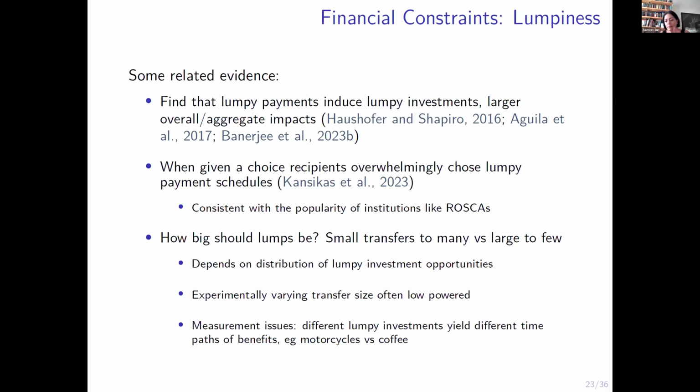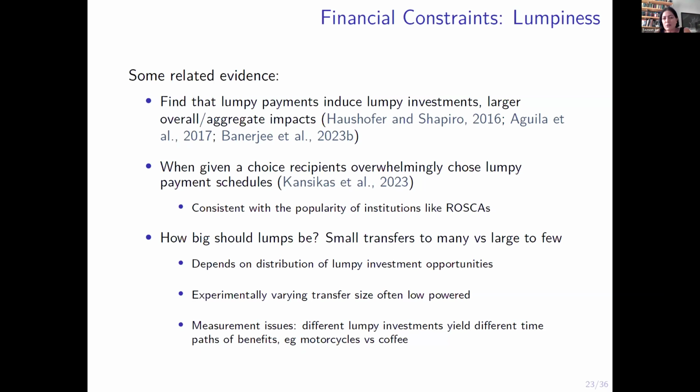So much as we know that people like these lumpy transfers, we know very little about what the size of the lumps should be. And there's an inherent trade-off here, especially if you think of budget constraints on the part of government. We could give small lump sum transfers to very many, or large lump sum transfers to a few. To be honest, I don't think anybody's tested those together in one framework to understand the design part of this.